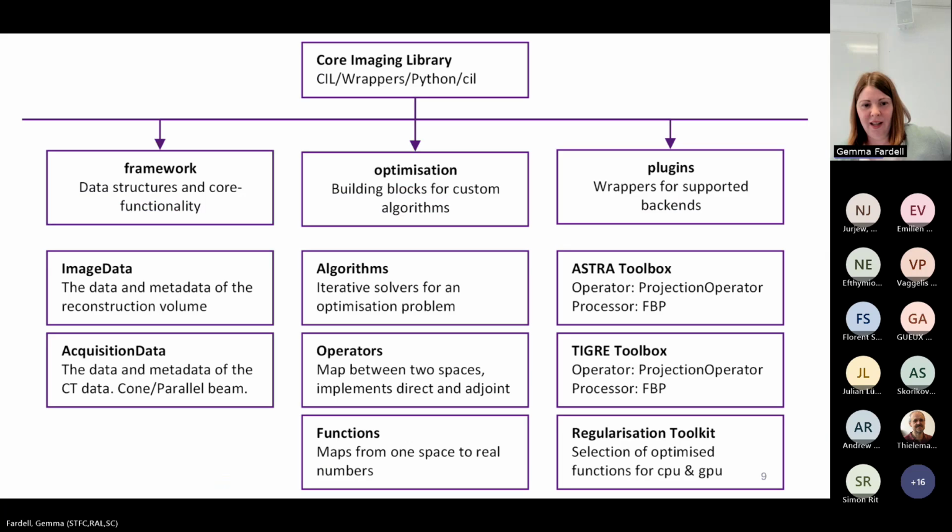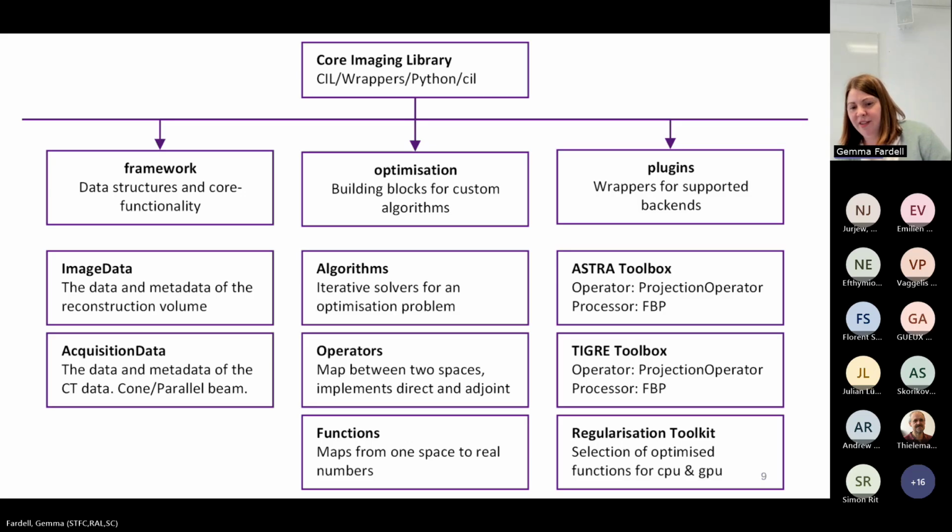Zooming in on the black box, we have our framework, and this is really where the bulk of the X-ray side of things lives. This defines our data types and the functionality they implement.